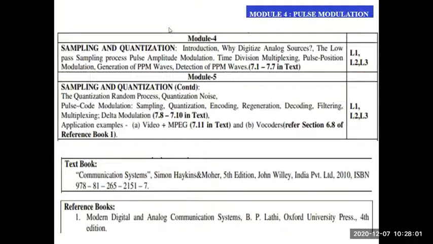Later on, only saving images wasn't sufficient because we wanted videos, moving pictures. So motion had to be captured. That's when the MPEG group, the Motion Pictures Expert Group, came into existence. And how video can be converted and saved in MPEG format, we'll be discussing as an application example.